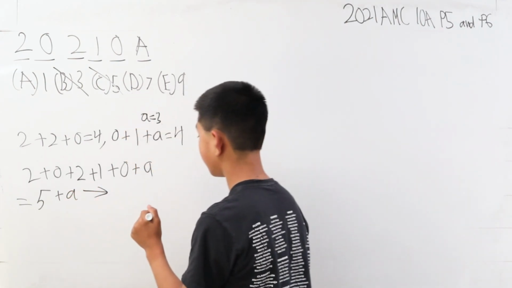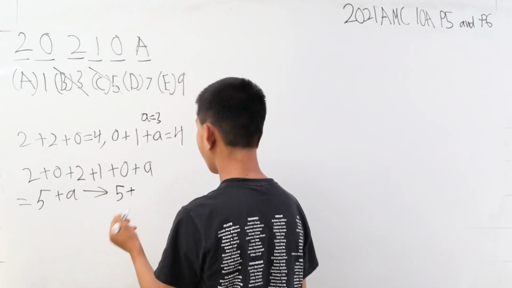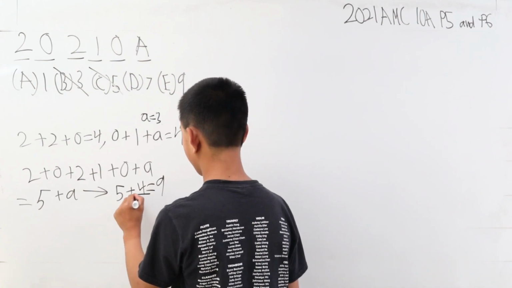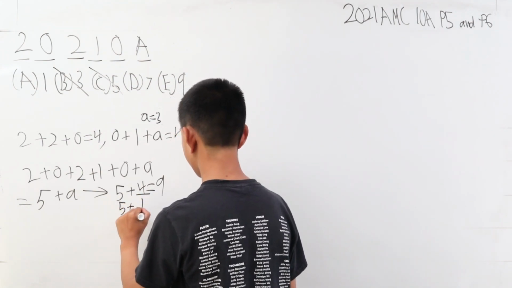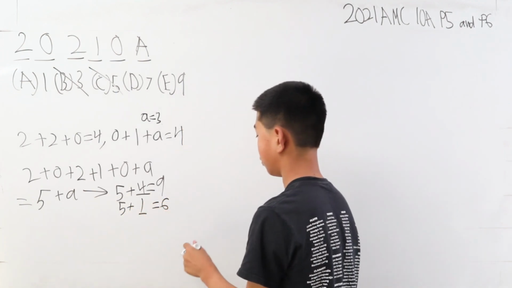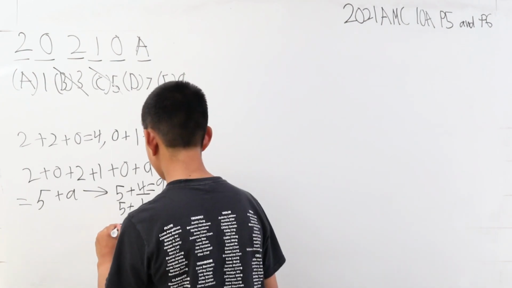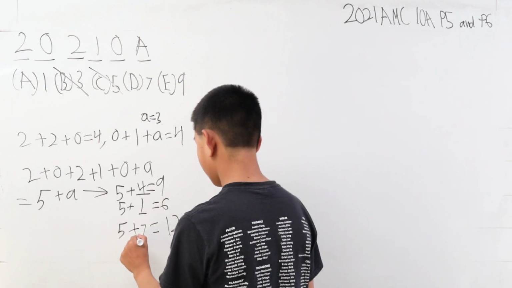The first one is A equal to 4, which gives 9. Then 5 plus 1 is equal to 6, which is divisible by 3. And then the other one is 5 plus 7, which gives us 12.